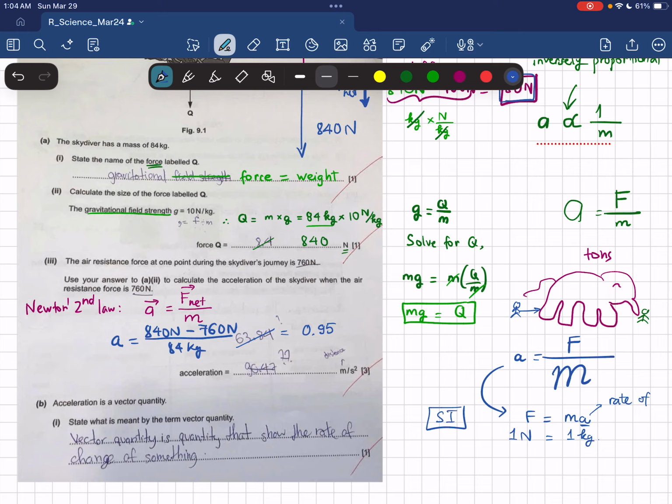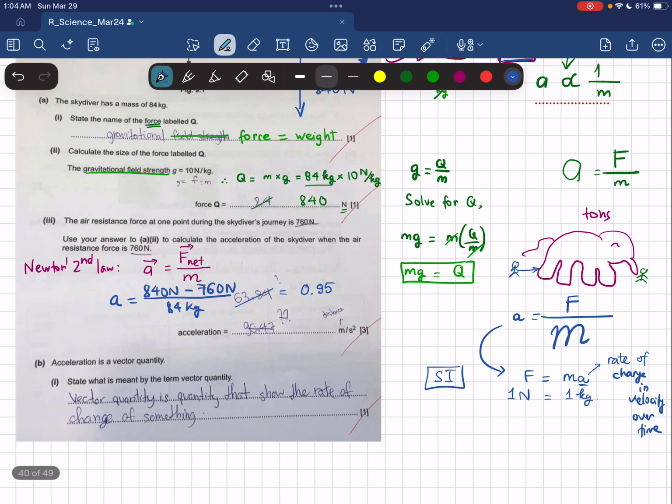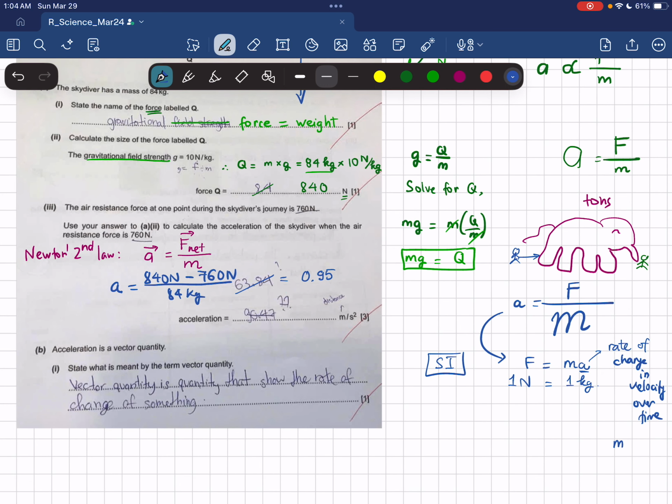If you remember the definition of acceleration, it is the rate of change in velocity over time. So the velocity is meter per second, then you divide it by time again. That should be meter per second square. So you can see it here, it also gives you the unit already.